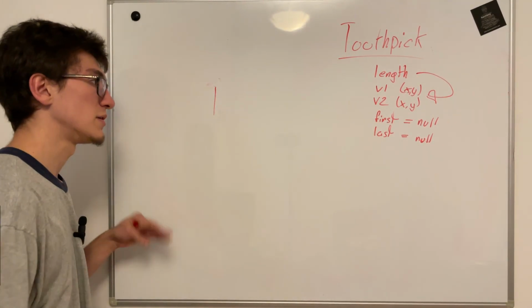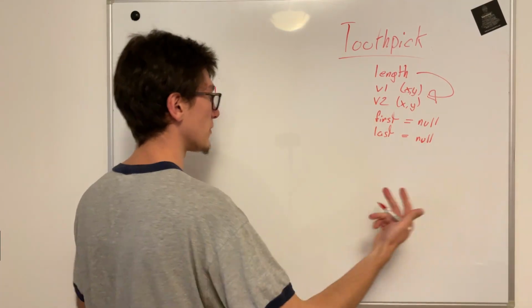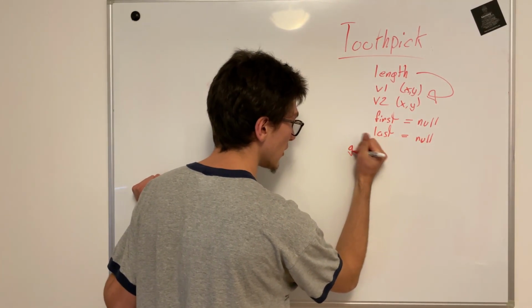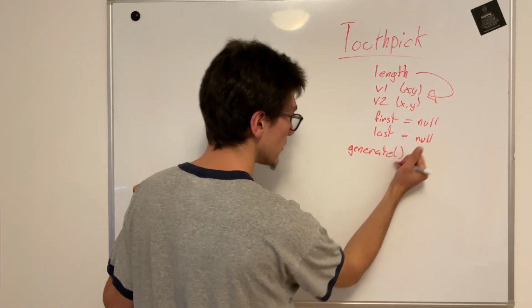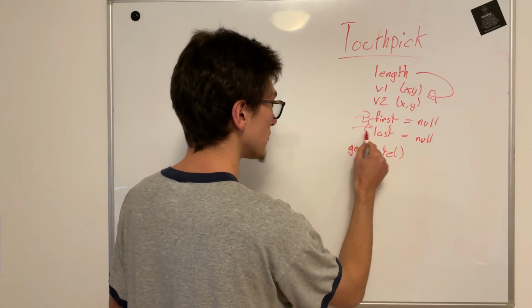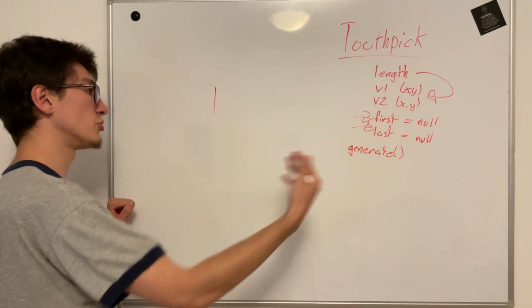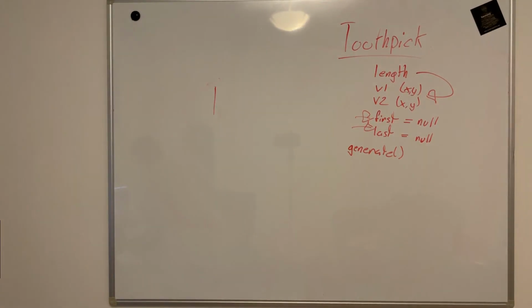And then what we'll need to do is, on each iteration, call some type of generate method, which will generate the first and last. And first and last are basically going to be two new toothpicks, right? So give me one second, I just need to validate on the Wikipedia page. Yes, okay, great.